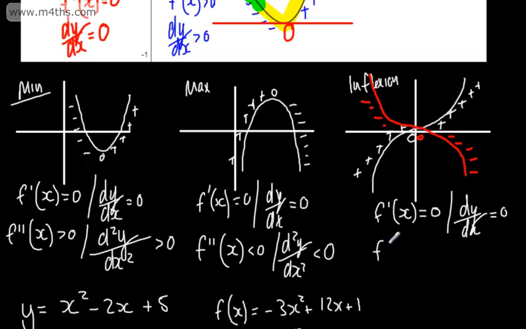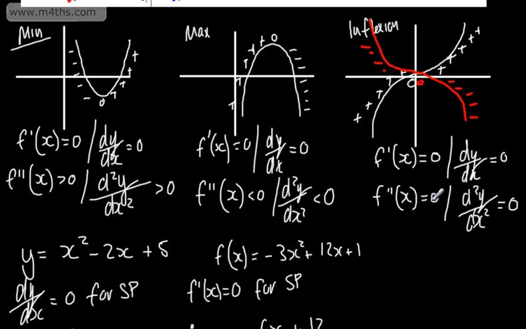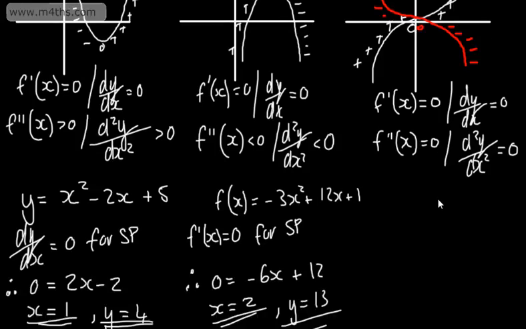So f double dashed of x will be equal to 0, or d2y by dx squared will be equal to 0. If this scenario occurs, what we need to do is further investigation. We saw before, if it's greater than 0, we had a minimum, less than 0, we had a maximum. Now we've just got to consider investigating further, as it's inconclusive.